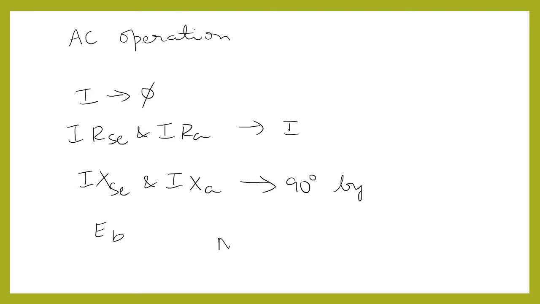Also, the speed is proportional to back EMF, and torque depends upon the product of EB, back EMF, and current. And since EB in DC operation is larger than in AC, for the same torque, the speed for DC operation is higher than for AC operation. So we can see that in the speed torque curve for the DC and AC operation.